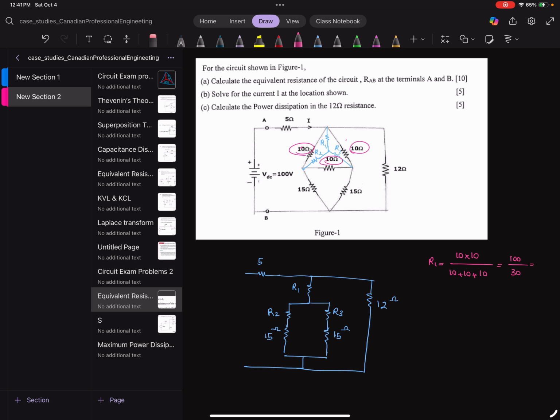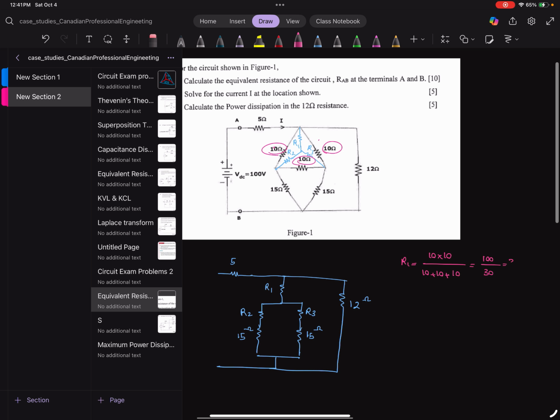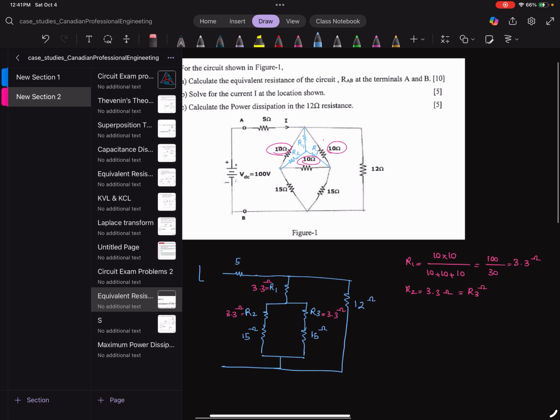It's going to be 3.3 ohm, because all of them are the same, so this is going to be easy. So R1 is 3.3 ohm, this is 3.3 ohm, and this is 3.3 ohm. Perfect.